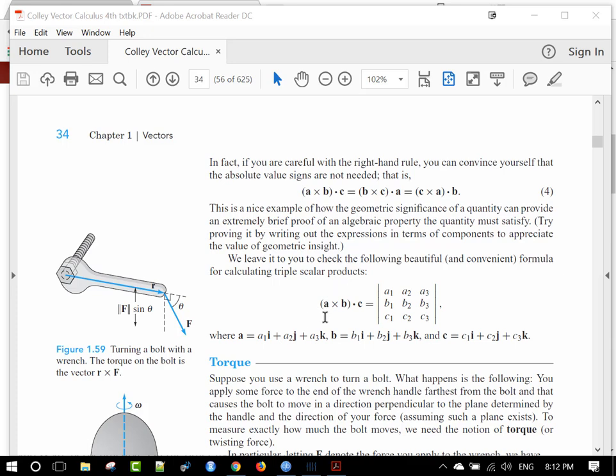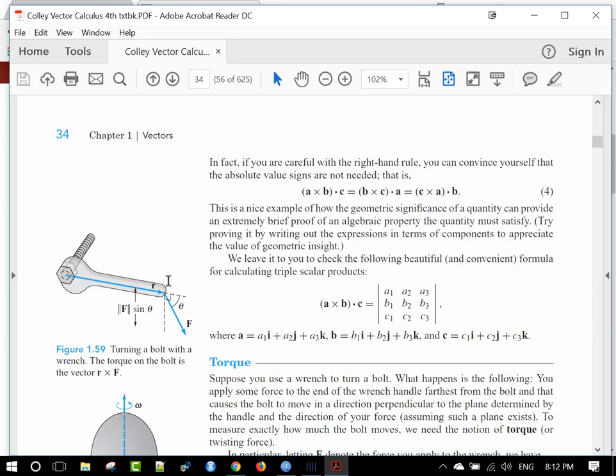Let's try and remember this a little bit. If you have this so-called triple scalar product, where you have one vector cross another, dot another, it turns out to be the determinant of this matrix. What matrix is that? You take the first vector as the top row, the second vector on the second row, and C on the bottom. Apparently this will give you the correct result.